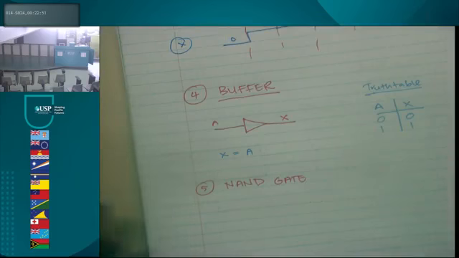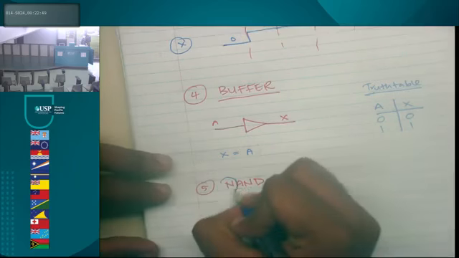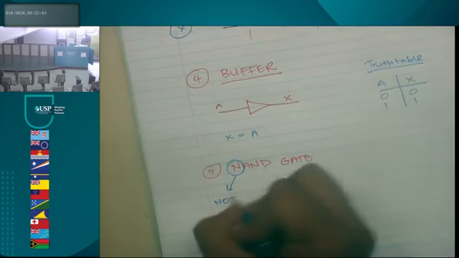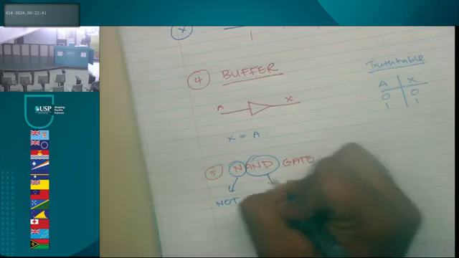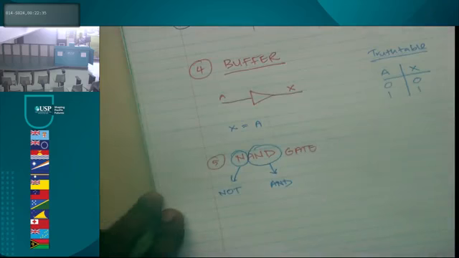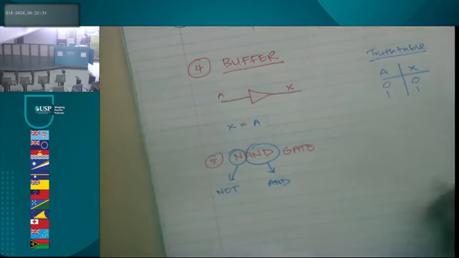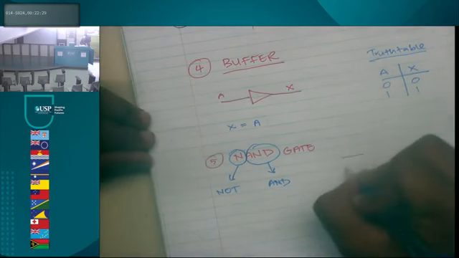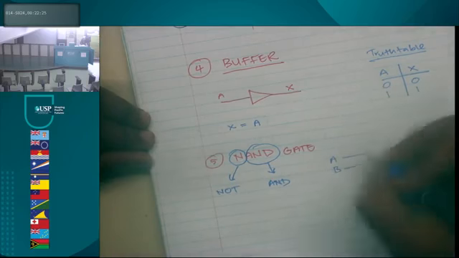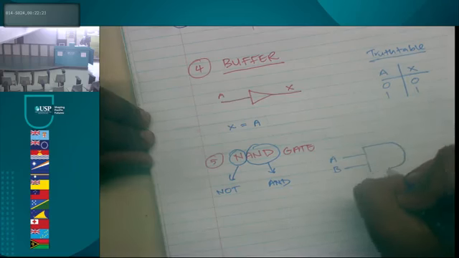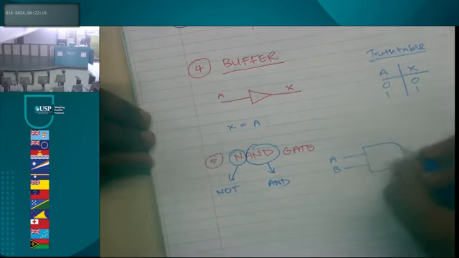Okay, so NAND gate basically means not AND, okay? Not an AND, okay? So the symbol for the NAND gate is basically your two inputs, the simple AND gate, and it will have a small bubble in front, okay?